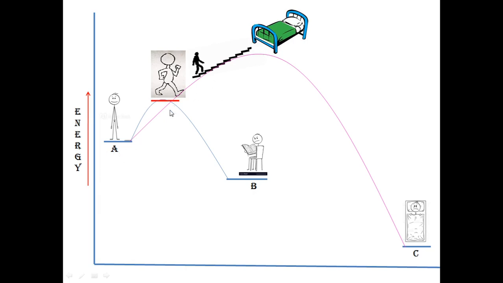So based on this, the molecule A may choose the path whether it will go to B or C. Suppose molecule A doesn't get enough energy supply to go to the bed, but molecule A is getting enough energy to go to B, to kickstart the process.